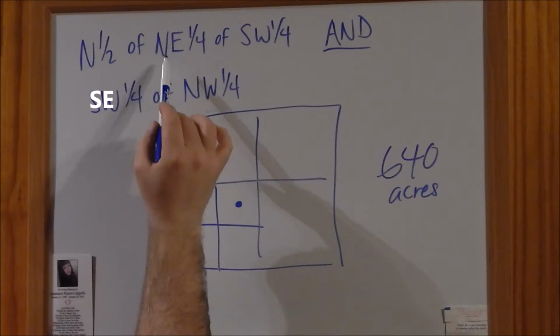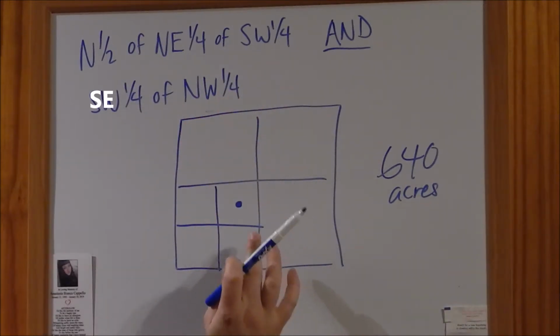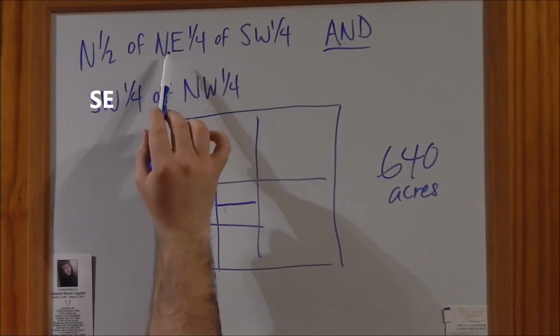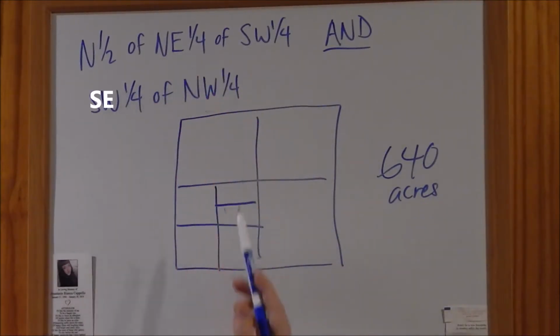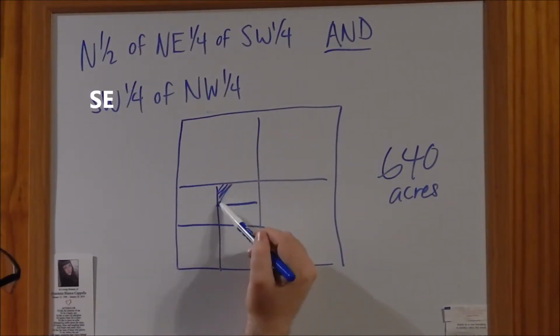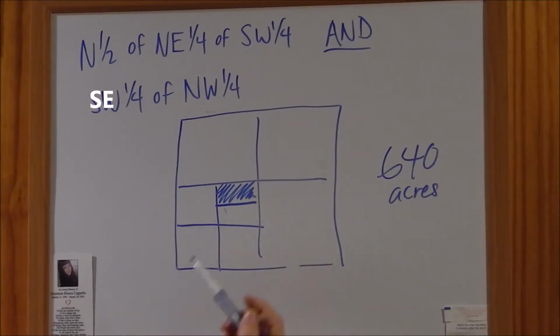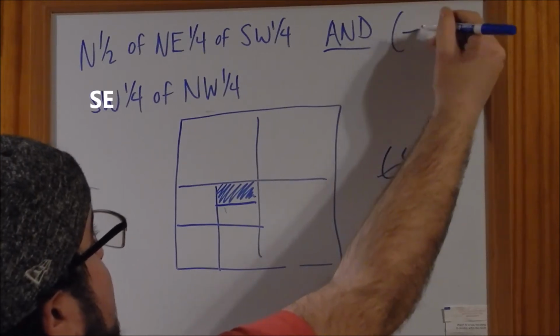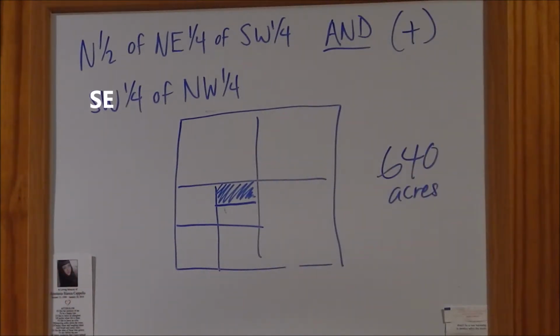The north half of the northeast quarter of the southwest quarter. We know that that's accounted for. And always think of this as an addition. If I had $2 and you had $5, together we have $7, right?